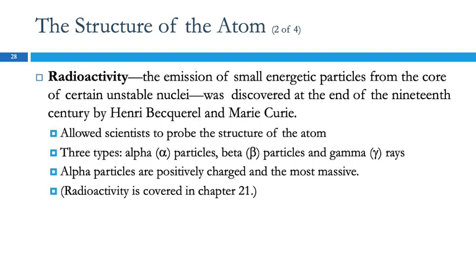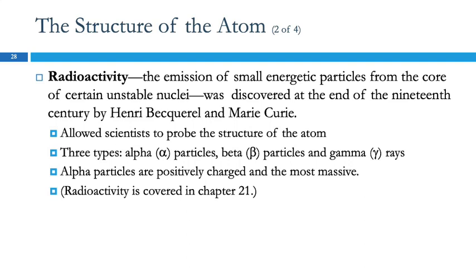Now, before we go on and talk more about that, we have to understand a tiny bit about radioactivity. Some atoms are unstable, and they will emit tiny energetic particles. They will just shoot out of them spontaneously. And that was discovered at the end of the 19th century.